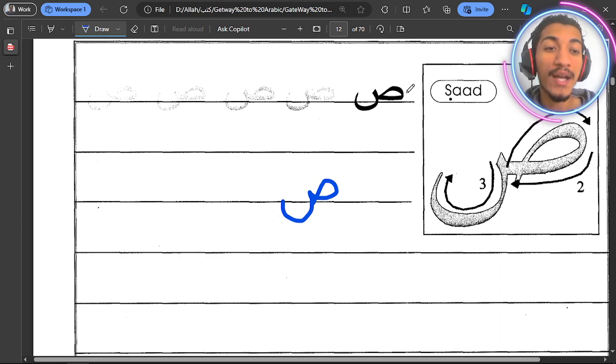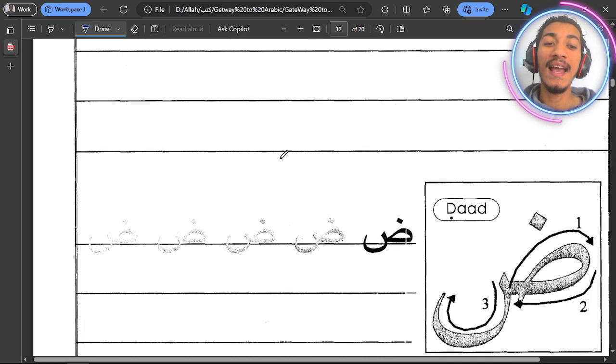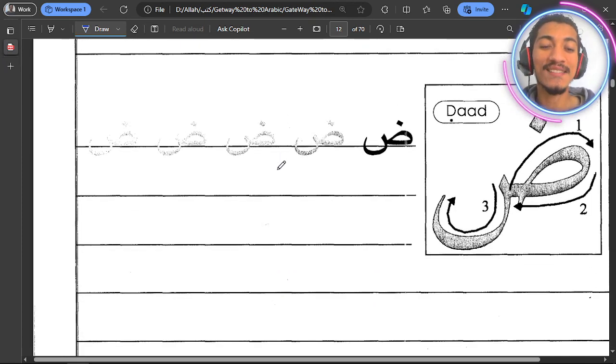Now let's do this one, and it's sod. And as we usually do, the head of sod is the part above the line and the rest goes down. Sod. And if you guess, dod is its sister and the difference is the dot. What is it?